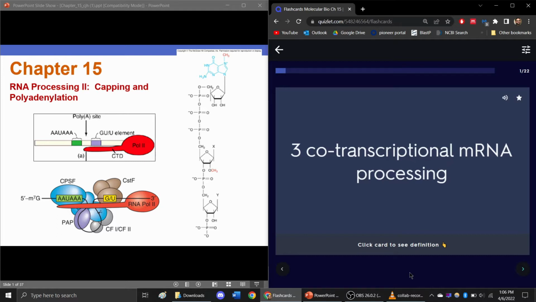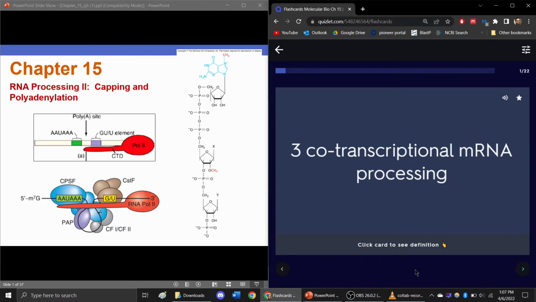The main point to remember is that the capping, the splicing, and the polyadenylation are all happening, starting with your capping, and then you get your splicing, and then your polyadenylation at the end.